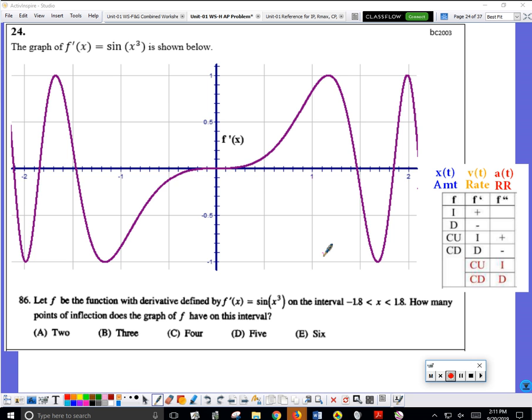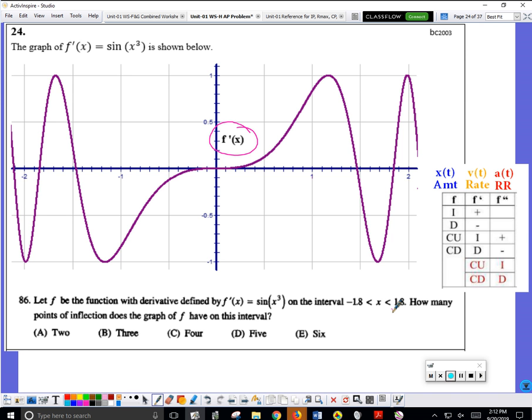Thank you. It says, let f be the function with the derivative of this, and this is the graph of the derivative on the interval. A huge warning. Don't miss this one. If you do not pay attention to the interval, you will likely miss a question on the test. Like, you have to pay attention to detail.